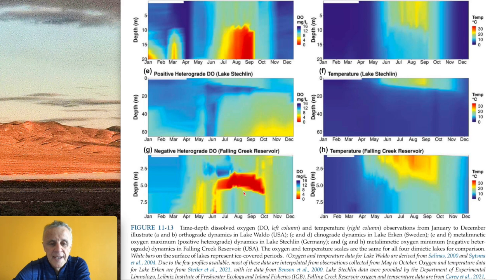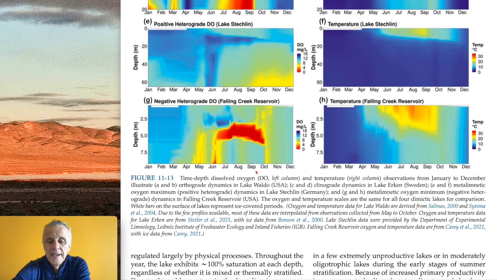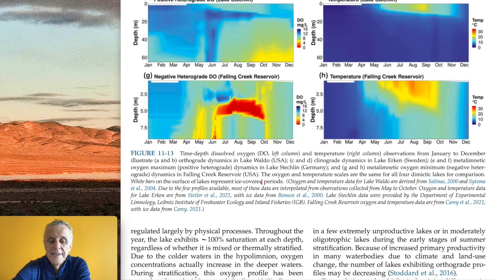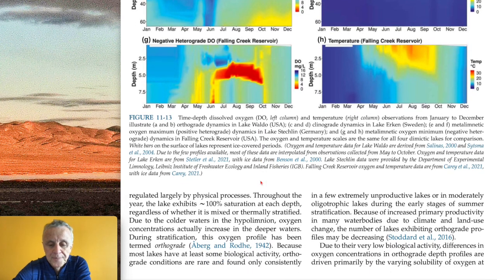This is positive heterograde, and this is negative heterograde with Falling Creek Reservoir. We'll look into the text as to what negative and positive heterograde mean. We haven't viewed that yet.